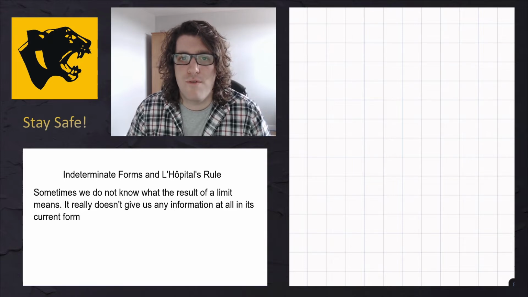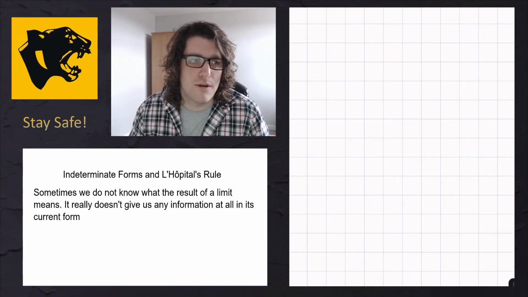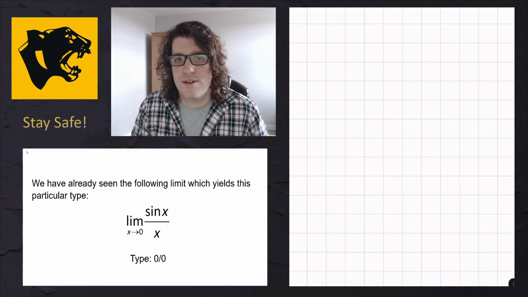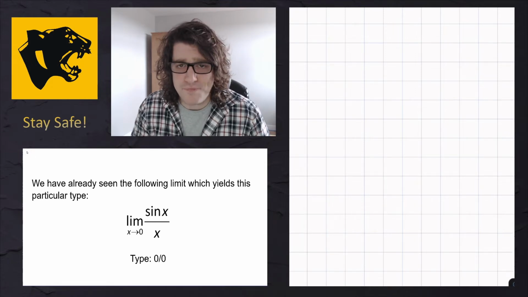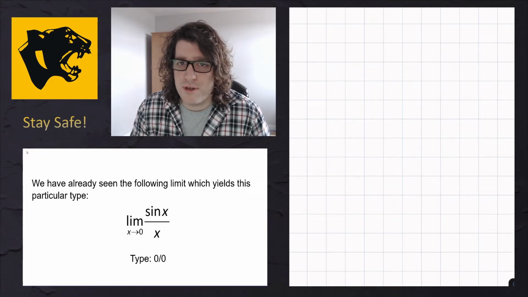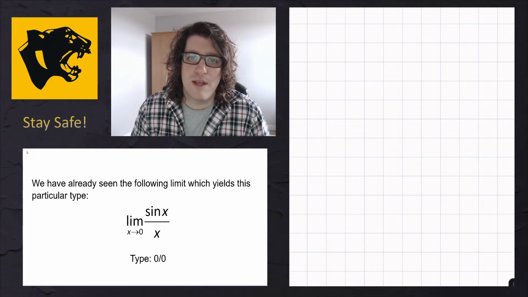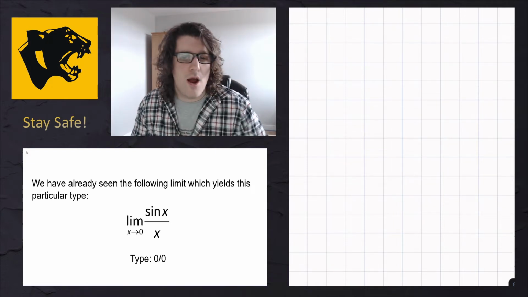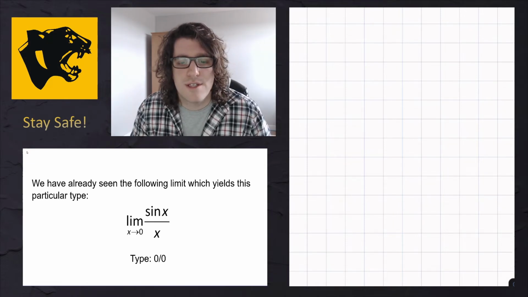For example, the limit as x approaches 0 of sine x over x, which we have seen already. We actually proved geometrically that this limit gives us a value of 1. But that's not obvious from plugging in the 0 over 0.